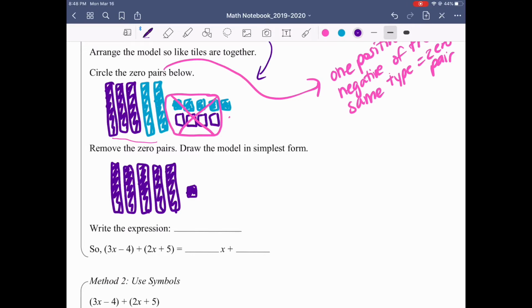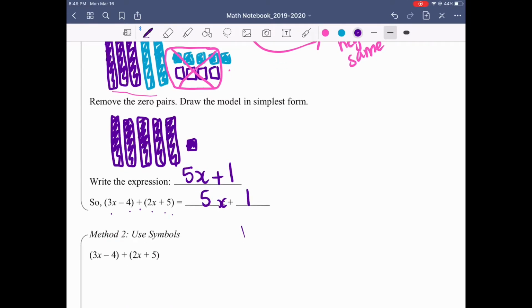So if I write the expression, I have 5x, and then 1 positive 1 tile. So 5x plus 1. Therefore, 3x minus 4 plus 2x plus 5 equals 5x plus 1. And that's our final answer when we add them together.